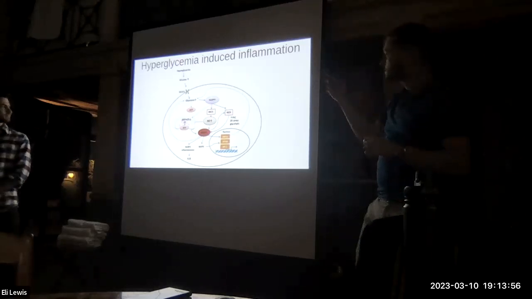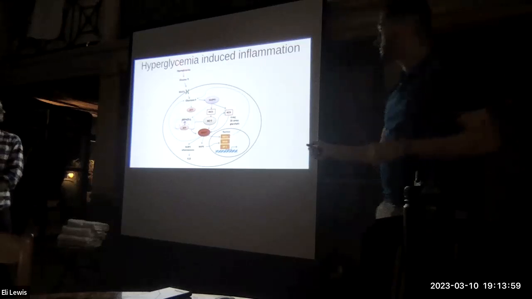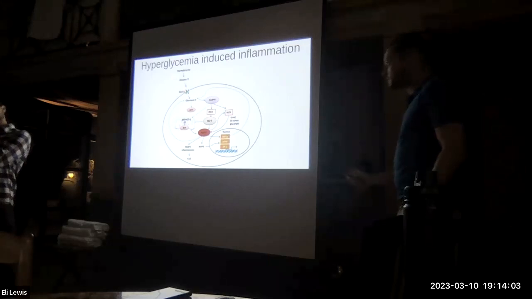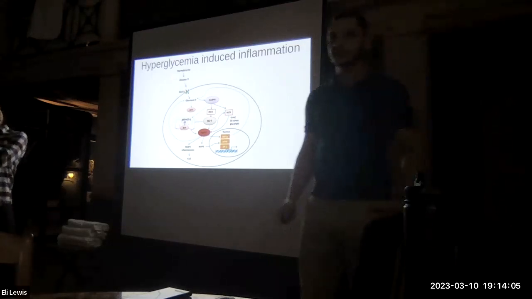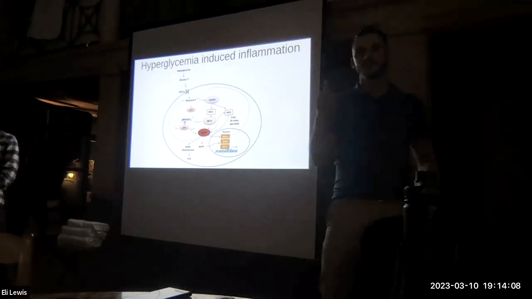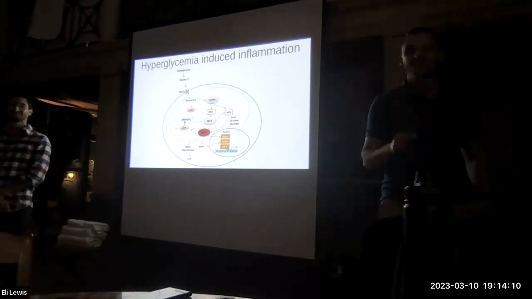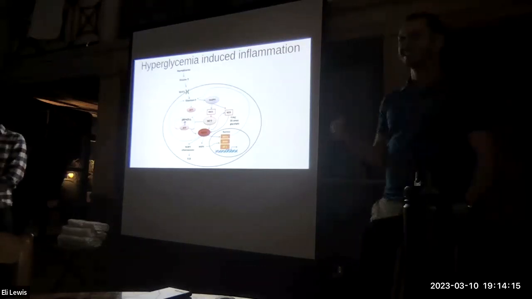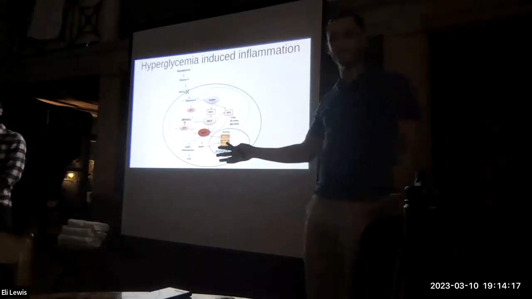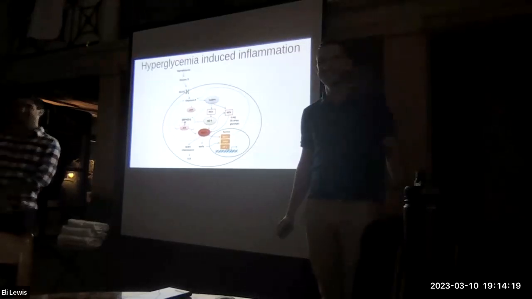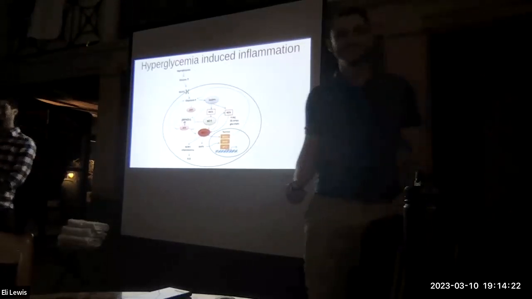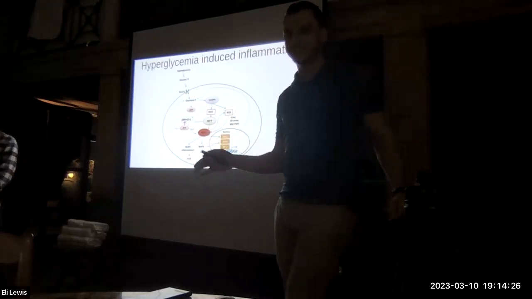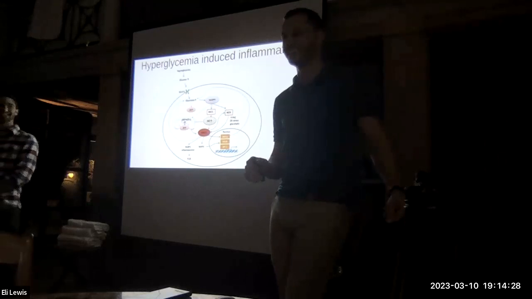So glucose goes into the cell. Glucose goes into the cell through glucose transporters on the cell's membrane, and then it becomes glucose-6-phosphate.